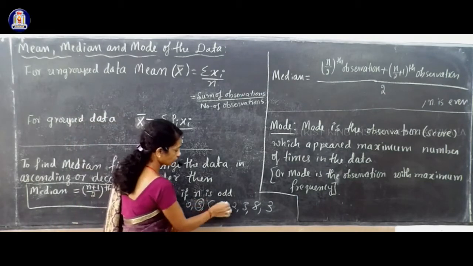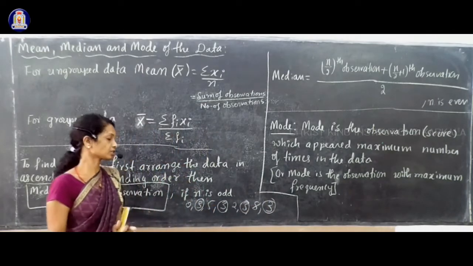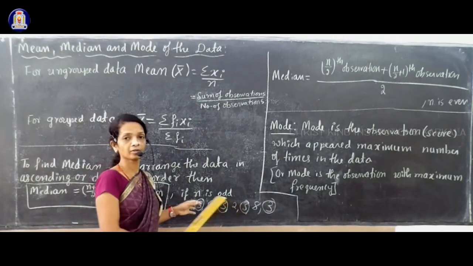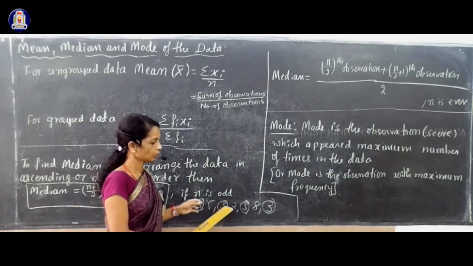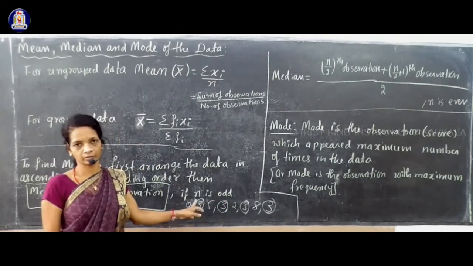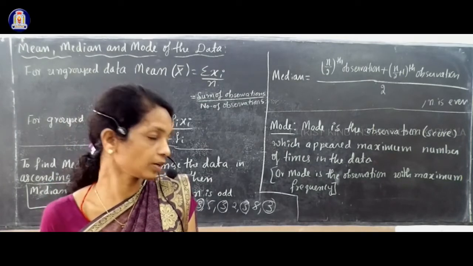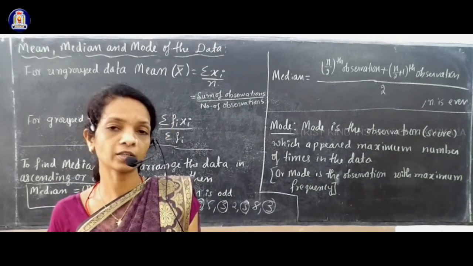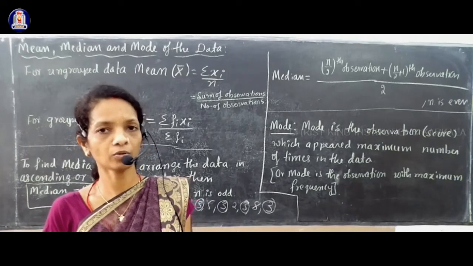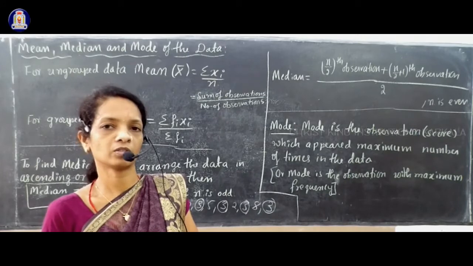See here, 3 appeared how many times? 4 times, the maximum number of times compared to other observations. So what is the mode for this data? Mode for this data is 3. So like that you have to identify the mode: see which data appeared the maximum number of times, or the score with the maximum frequency. Okay, thank you.